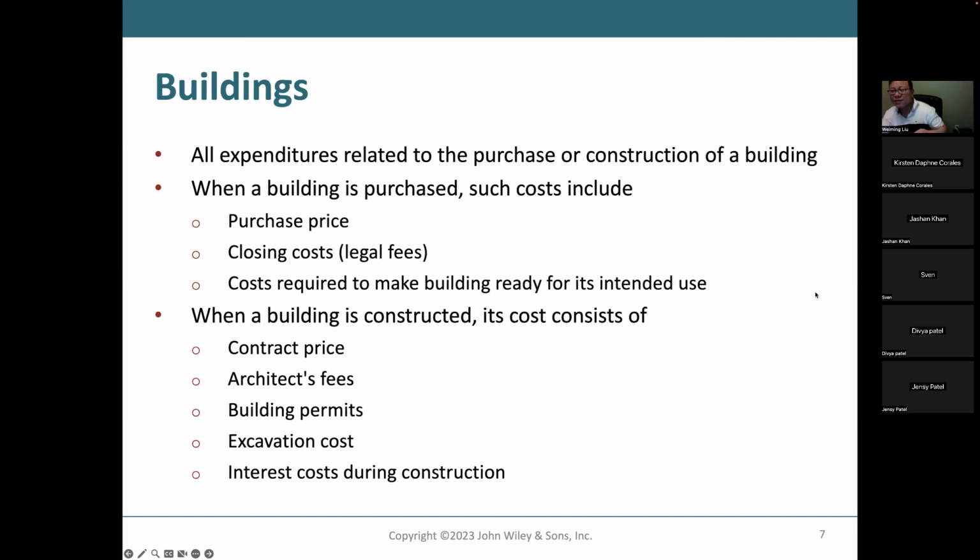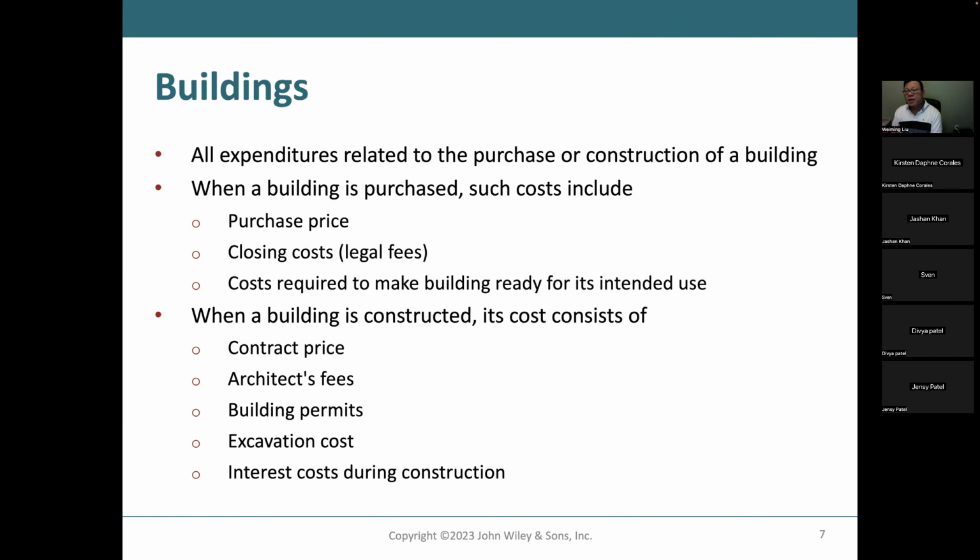So buildings. When you think about buildings, you can buy an existing building, or you can build your own building. Those are the ways to acquire ownership of a building.